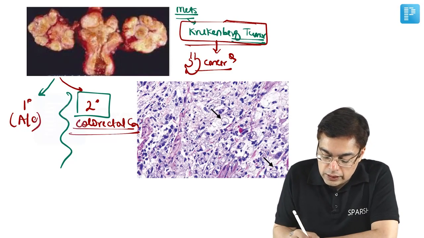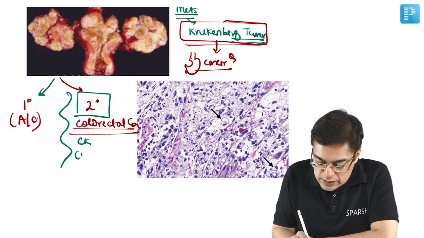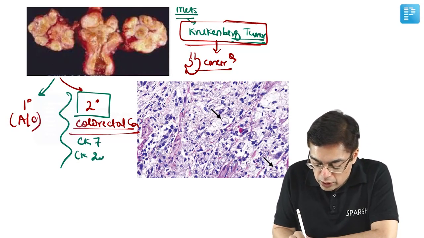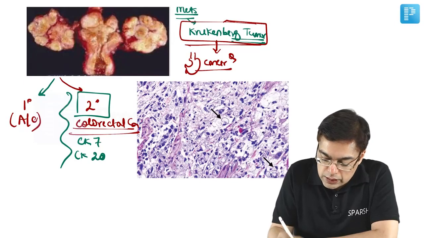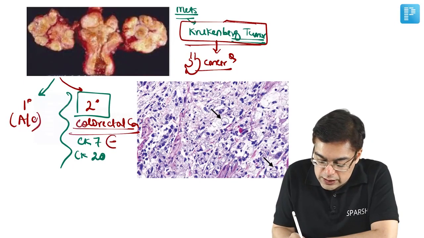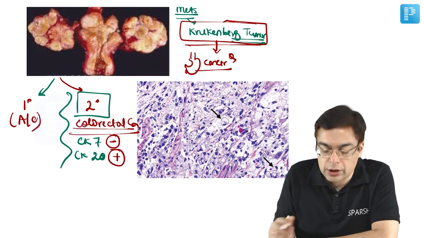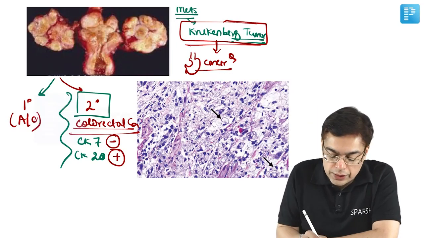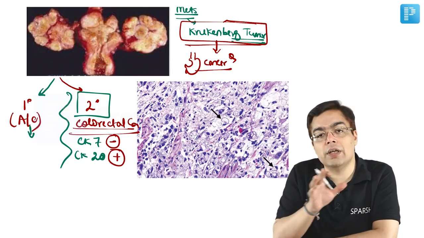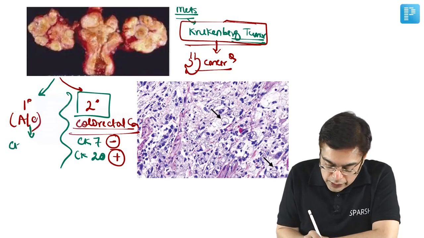So in case of colorectal carcinoma, when we are using the markers CK7 and CK20, what we would find is that colorectal carcinoma is going to be negative for CK7, but it is going to be positive for CK20. And exactly opposite is what is going to be happening in case of a primary ovarian adenocarcinoma. The primary ovarian adenocarcinoma is going to be CK7 positive and it is going to be CK20 negative.